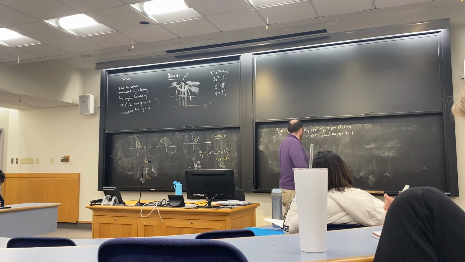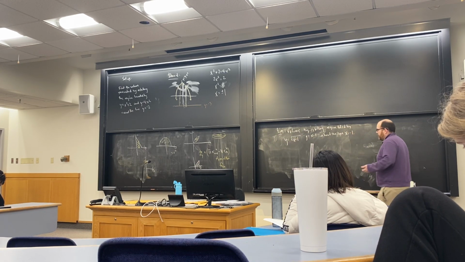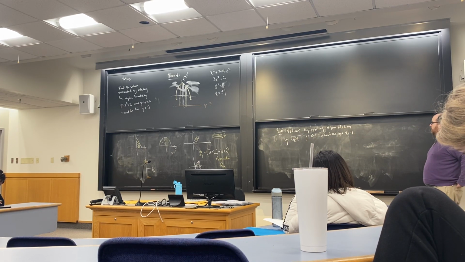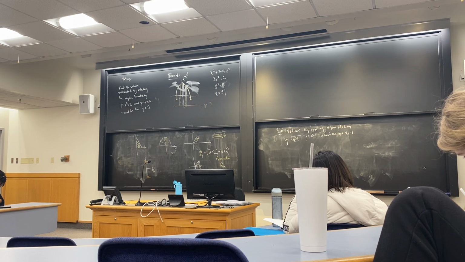Okay, so the region is bounded by square root of x minus 1 and the line y equals x minus 1. So that gives you a region, right? And then I'm rotating around the line x equals negative 1.